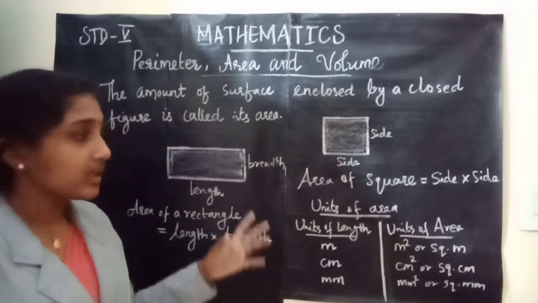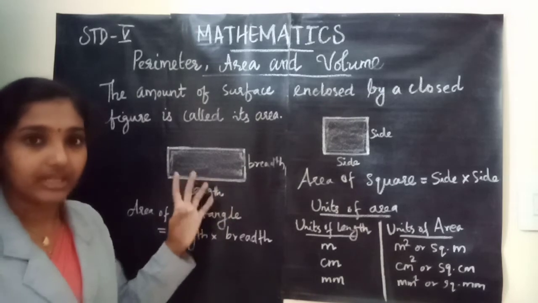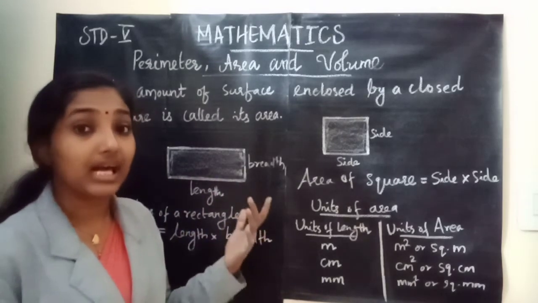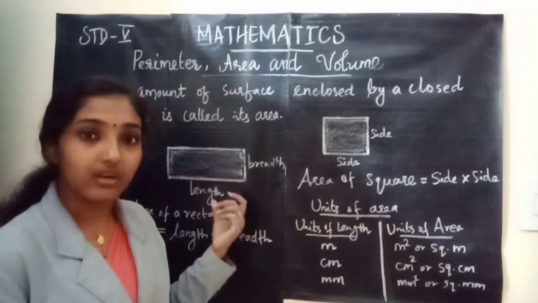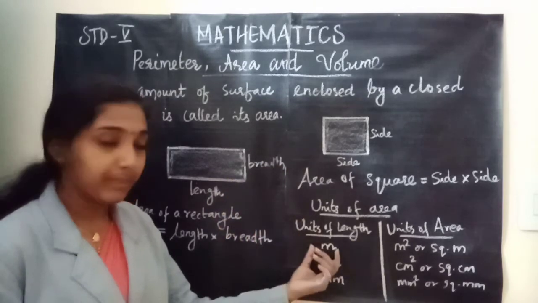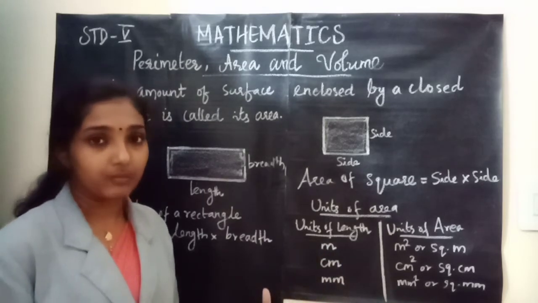We know that all these measurements are distances, right? The measurement of length, and all measurements, have a unit. So the length of this rectangle or the square will be given in meter, centimeter, or sometimes millimeter.